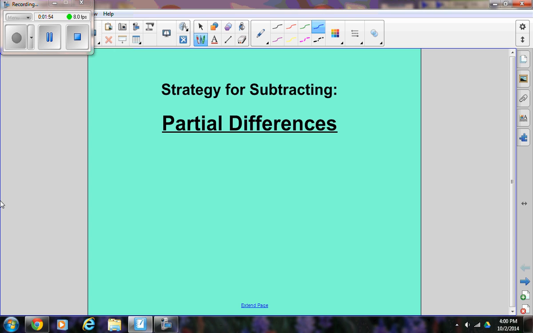I'm going to do another problem. If I have 295, take away 110, I'm going to expand my numbers. And here, this is a 3-digit number. I know that this place is the hundreds, this place is the tens, and this place is the ones. So I'm going to make a different chart. I'm going to add a place.